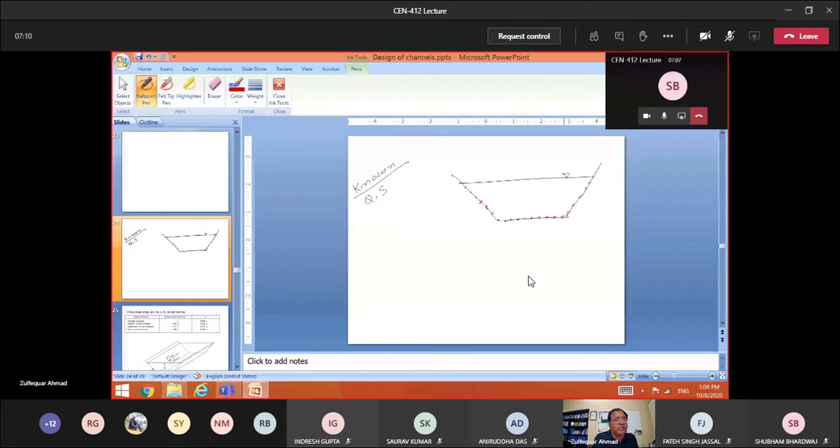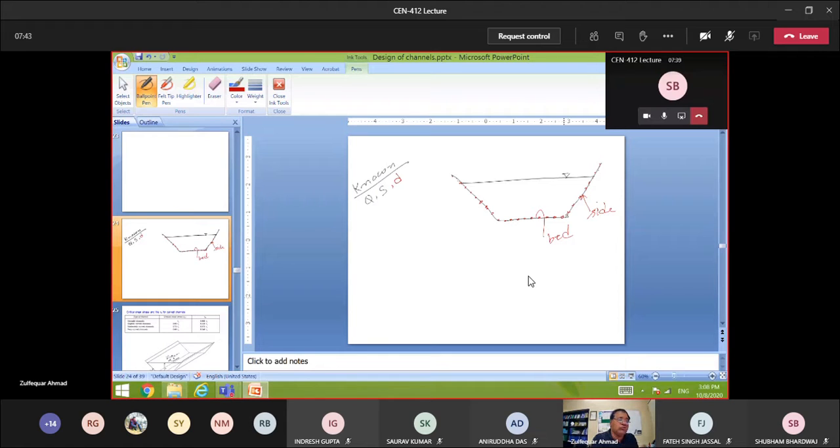This is the bed, and this one is the side. So you have the sediment on the bed and also on the side, right? What is the size of this sediment? Here the small d that I'm using is the size of the sediment. So these are the things that are known to you, right?